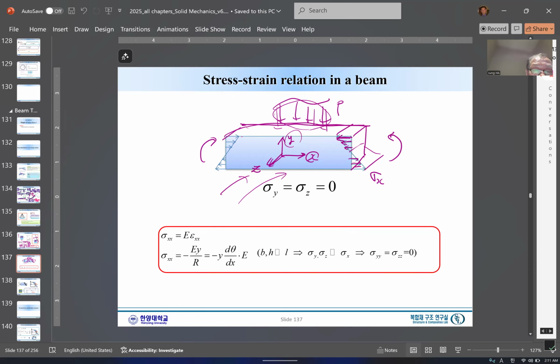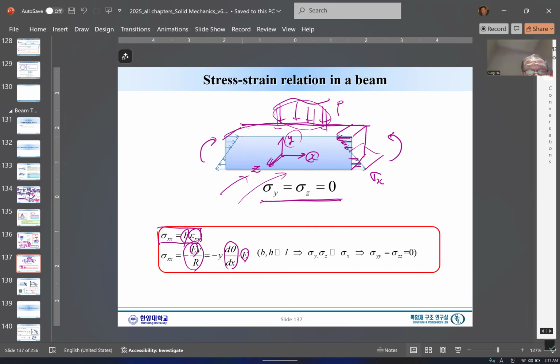So with these assumptions, for the stress and strain we have a very simple relation. We have a Young's modulus. Now, epsilon xx strain is already given like this, or in terms of theta, we have this. We just multiply E.